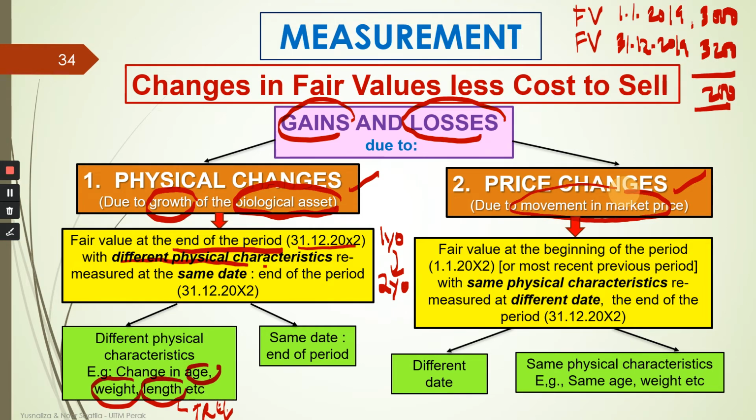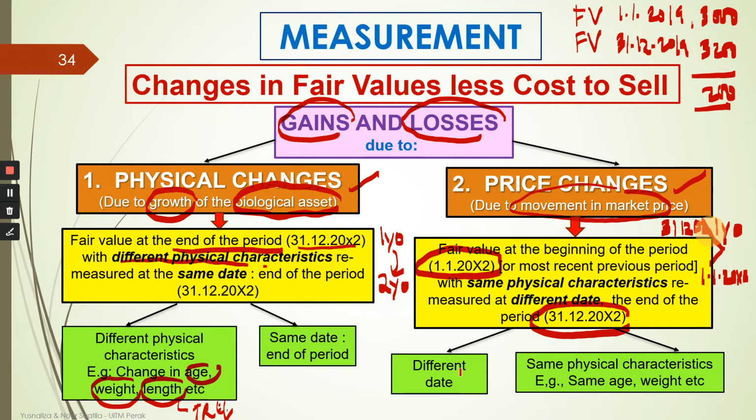So for example, you have the same year end, 31st of December 20x2, and the beginning of the year, 1st of January 20x2, right? If we talk about a 1 year old cow just now, the price of a 1 year old cow on 1st of January 20x2 is compared with the price of the also 1 year old cow at a different date. So whether there is a gain or a loss.